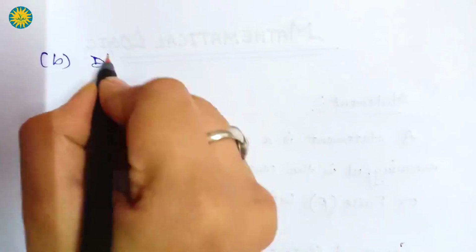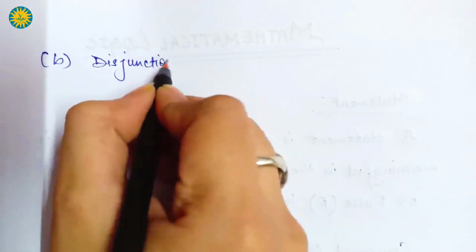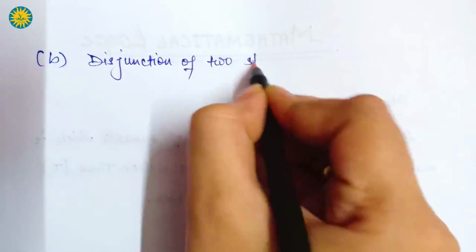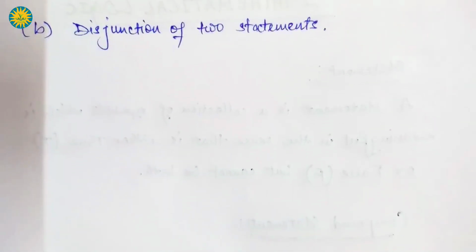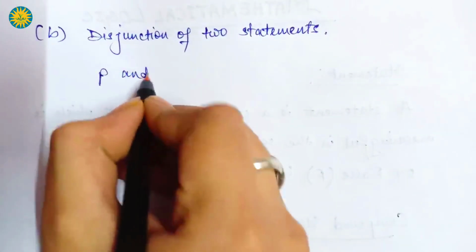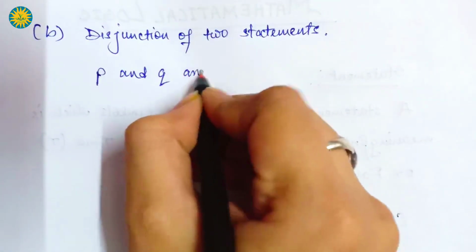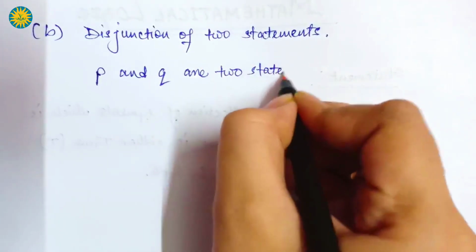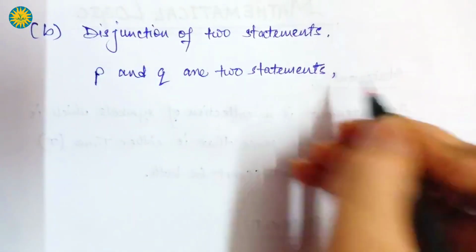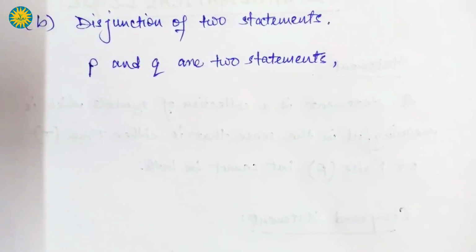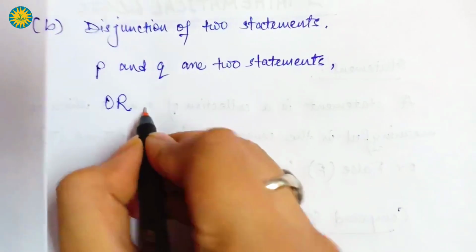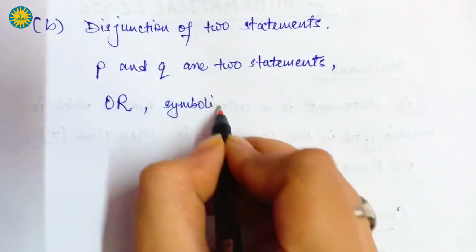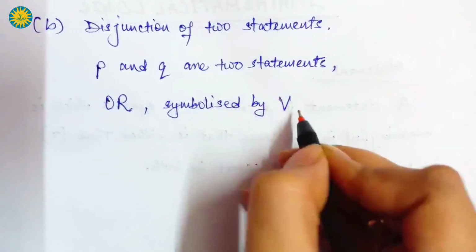The second one is for disjunction of two statements. Here also we will take P and Q, two statements, which we can form a single statement by joining them with the word or, which is symbolized by this symbol.